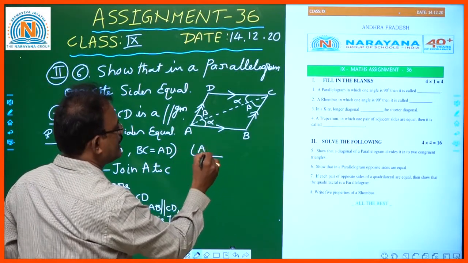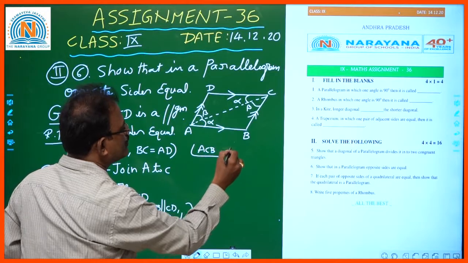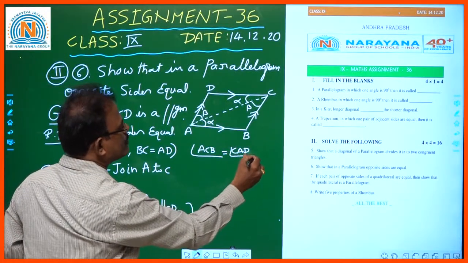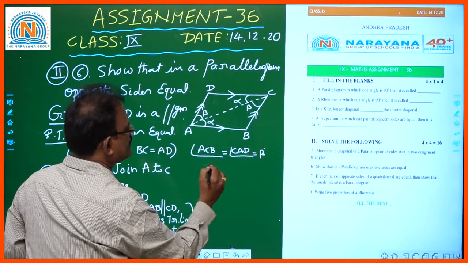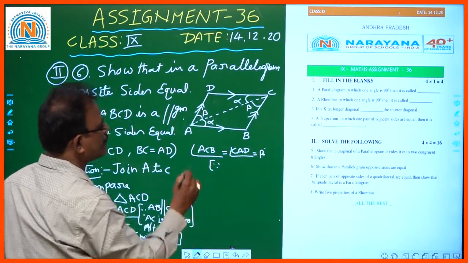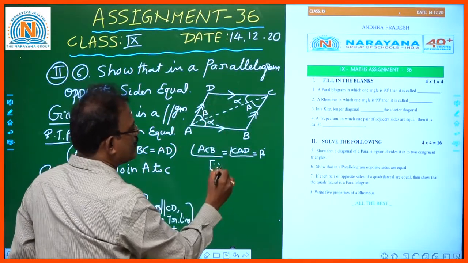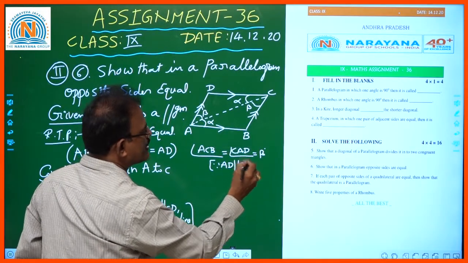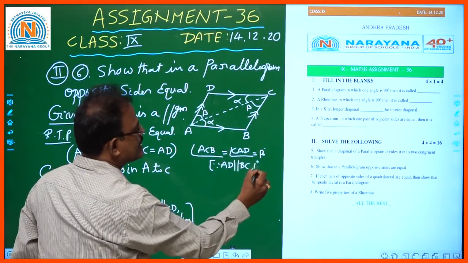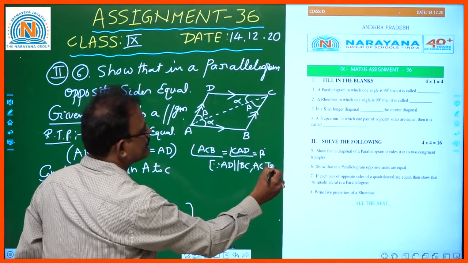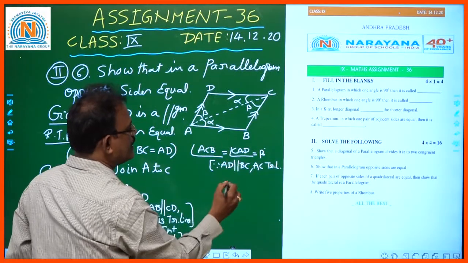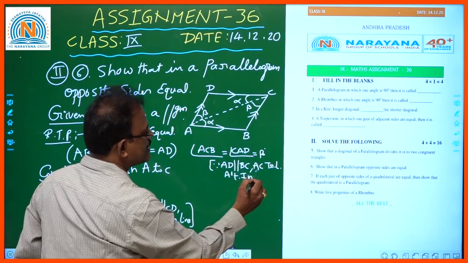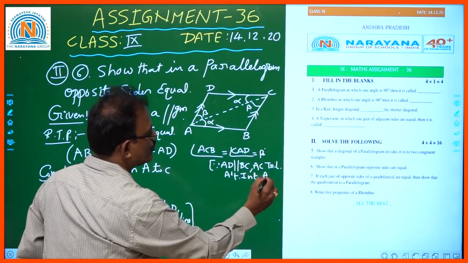Angle ACB is equal to, here keep A in middle, CAD is equal to beta, since AD parallel to BC, because we know in parallelogram opposite sides are parallel and AC is transversal line, then due to alternate interior angles both are same.